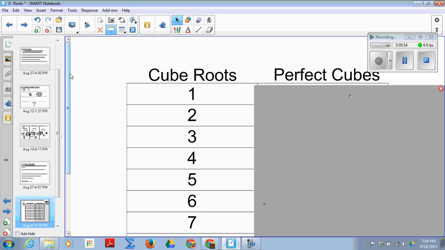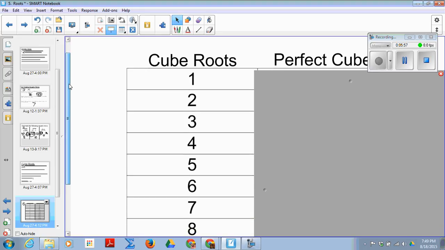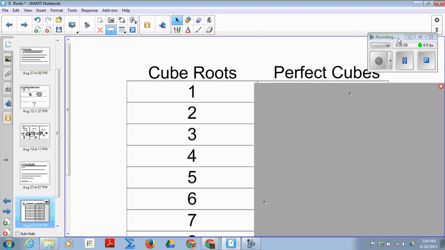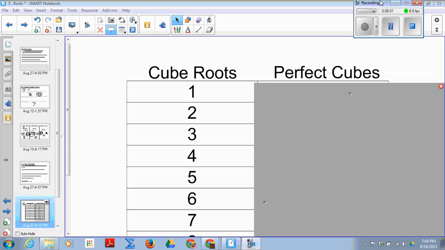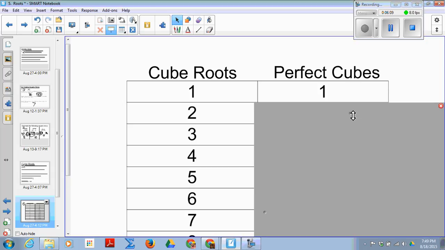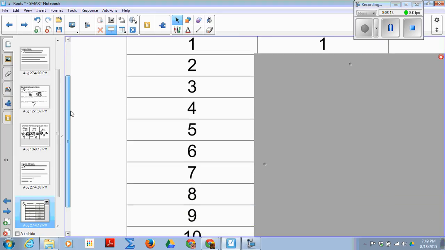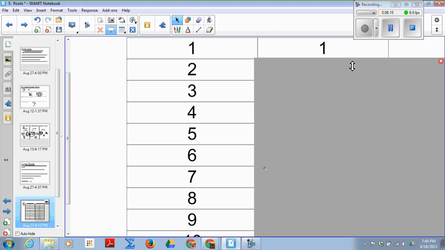And like the first 15 perfect squares, it's good to know the first 10 perfect cubes or cube roots. So 1 to the third power, which means 1 times 1 times 1, is 1. If you want to try to fill the chart out on your own, go ahead, or stay with me. 2 cubed is 8.